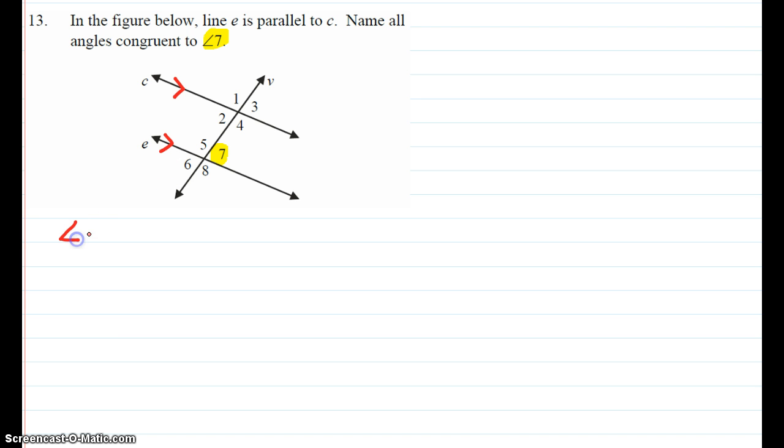So we have angle 7, and it's going to be congruent to, well, the first one, let's go ahead and look at angle 6. And angle 6 and angle 7 are congruent because of vertical angles.